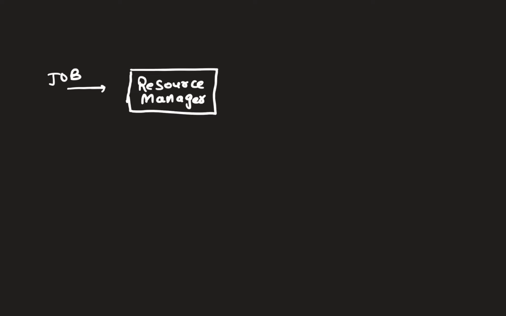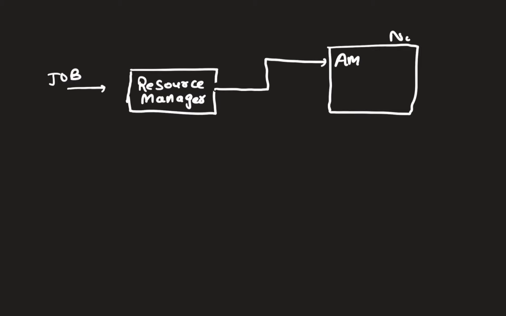So your job will go to resource manager, because in the job also you are going to have two things. One is your kind of job tracker, which we call application master in this case. So when you submit this job to resource manager, it will create an application master in one of the nodes in your cluster.